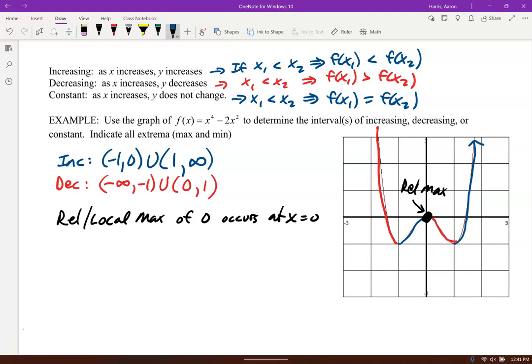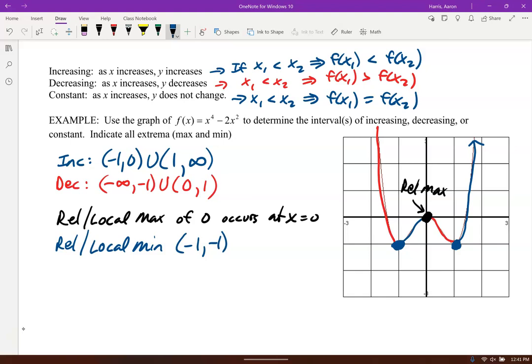And then if you notice over here, both of those are minimums, and they both hit at -1. So the relative or local min, let me do them as points: (-1, -1).